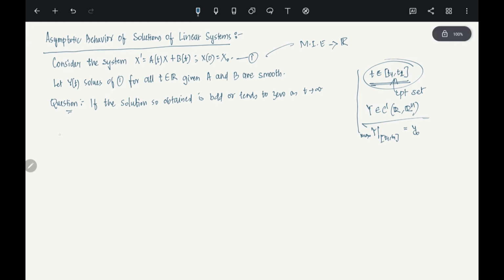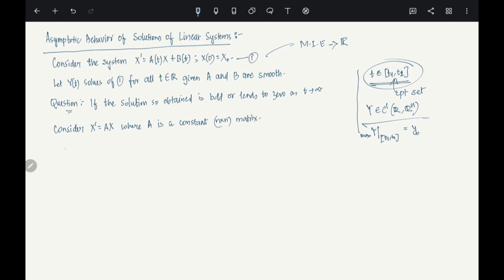Consider the problem x prime equals A x, where A is a constant n cross n matrix.